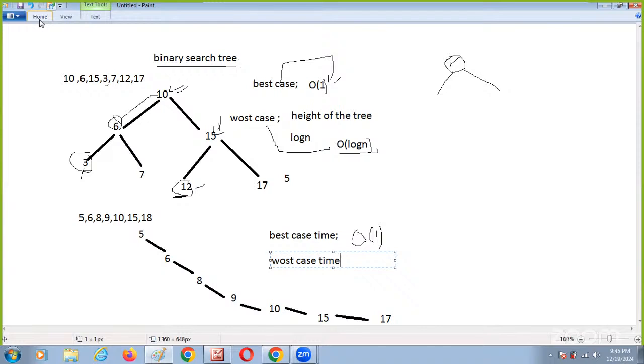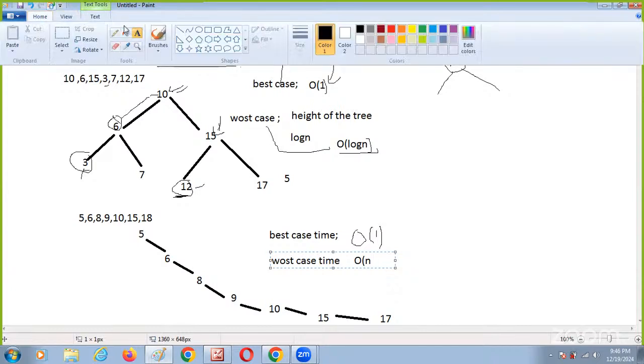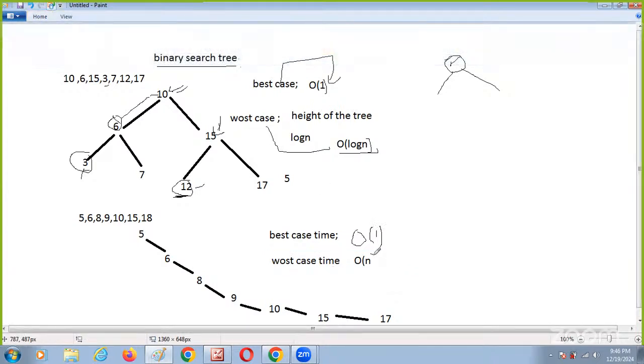I already gave the height of the binary tree. What is the height of the binary search tree? It is order of n, because n elements are present. So here the height of the binary tree is almost n in this case, so the worst case time complexity of this binary search tree is n.